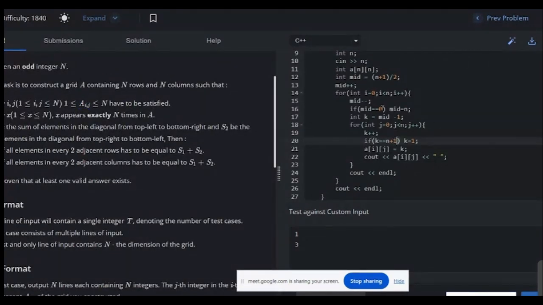And if that becomes 0 or greater than n, we can change it. So here I am reducing it, so it may become less than or equal to 0. So after that the element becomes n, and here k is mid minus 1.